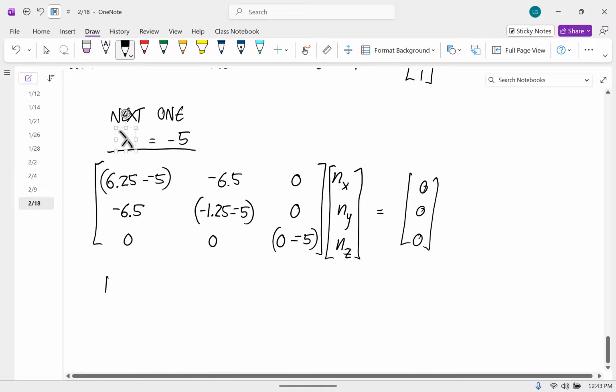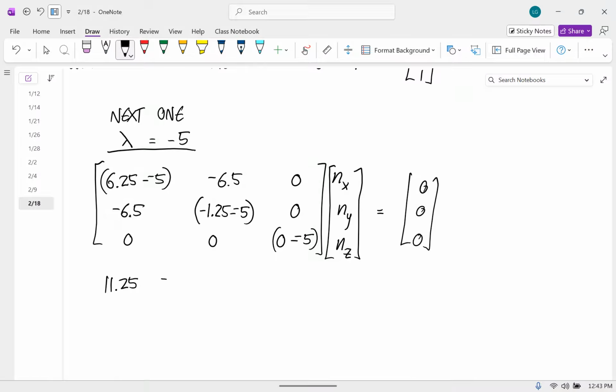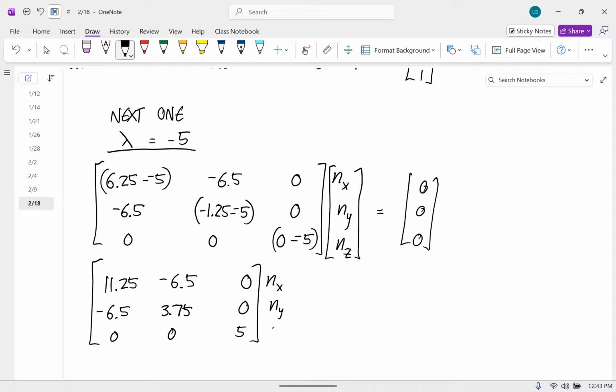And so this says 11.25, negative 6.5, 0, negative 6.5, positive 3.75, 0, 0, 0, 5, times nx, ny, and nz is equal to the 0 vector.